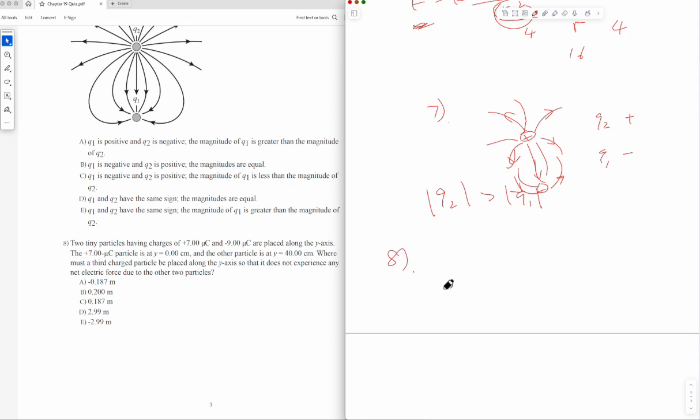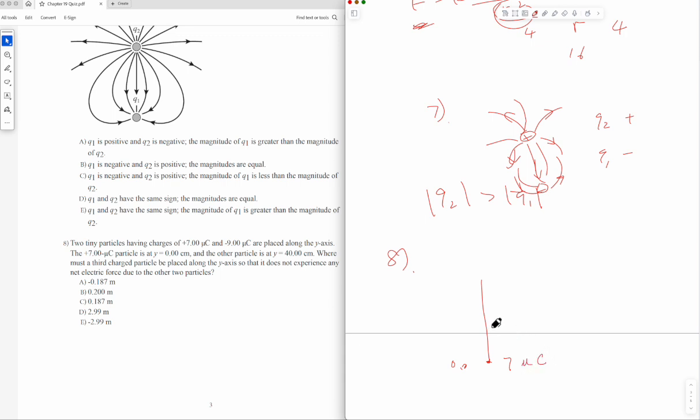Two tiny particles having charges of 7 microcoulomb and negative 9 microcoulomb are placed along the y-axis. The 7 microcoulomb is at y equal to 0, the origin.